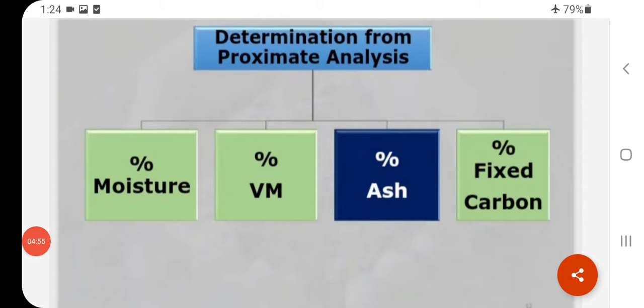In moisture percentage, the sample is heated at 110 degrees Celsius for 1 hour. And in volatile matter percentage, the sample is heated at 925 degrees Celsius for 7 minutes. In ash percentage, the crucible is heated at 750 degrees Celsius for half an hour.